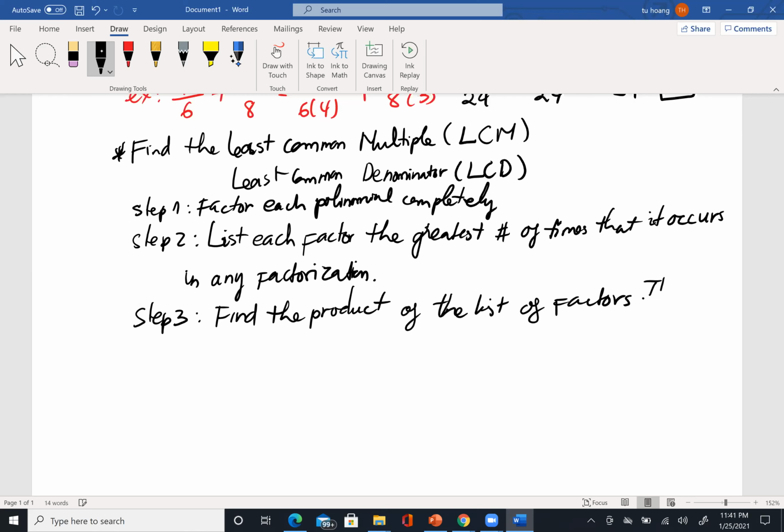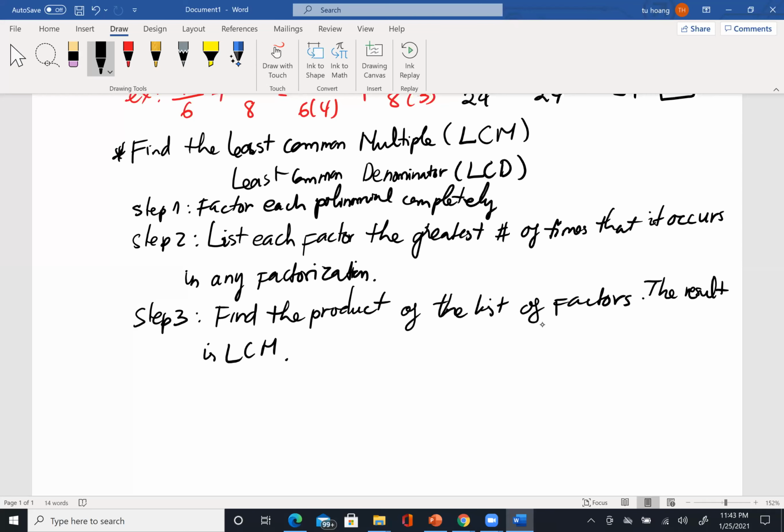The result will be the LCM. Yep, that is the way.